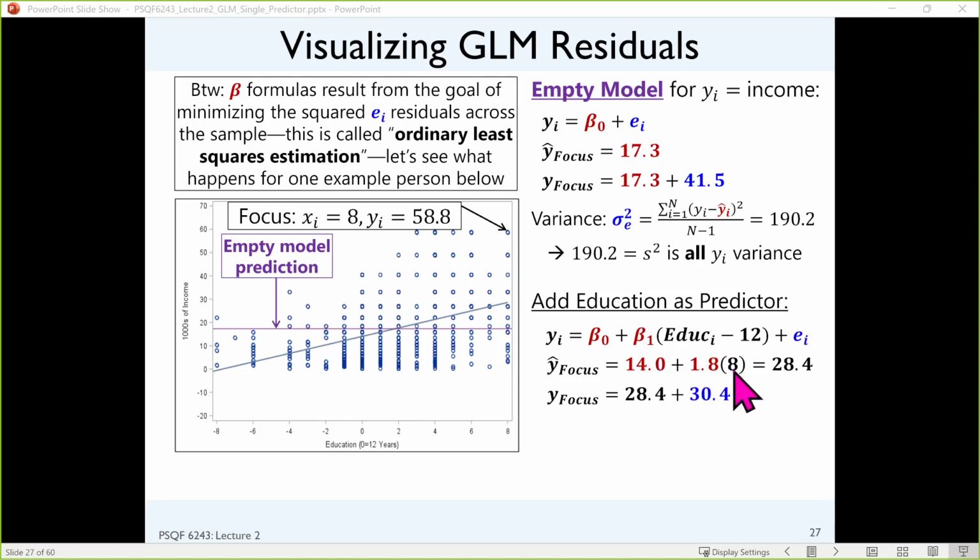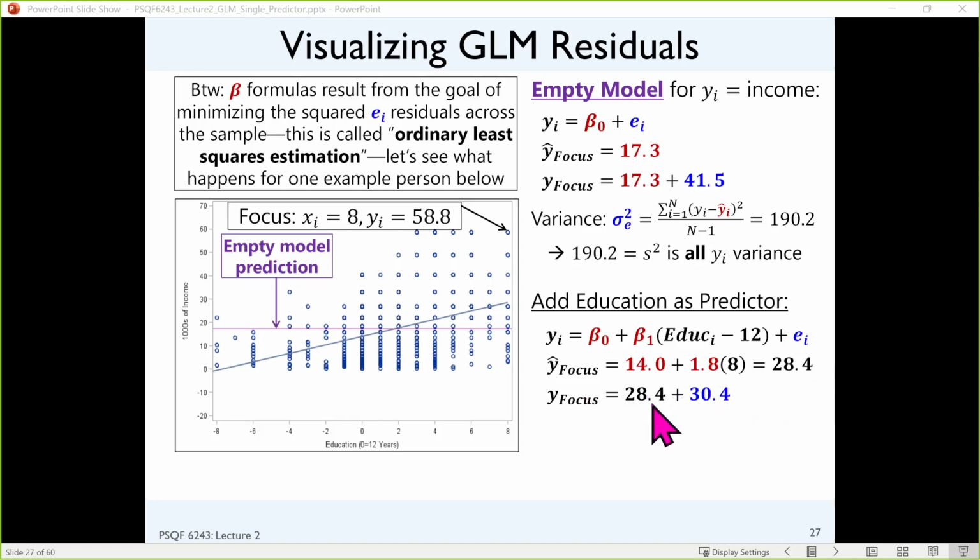But this person has 8 more years of education than the 12 that is our you are here sign. They went to 20th grade. So if I work that out, their predicted outcome variable for annual income is 28.4. So that's their y hat for this focused person.